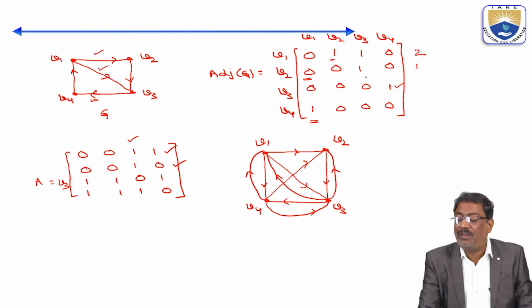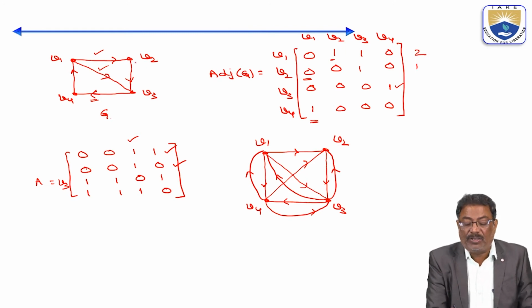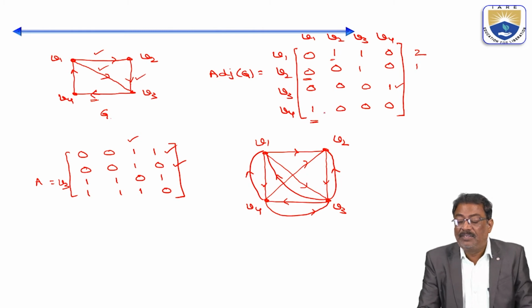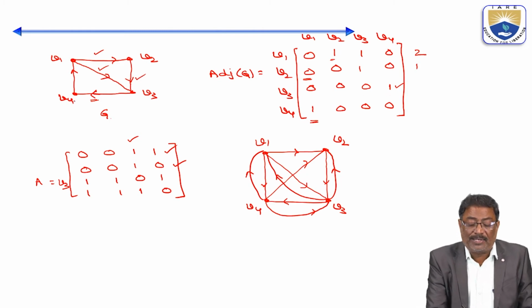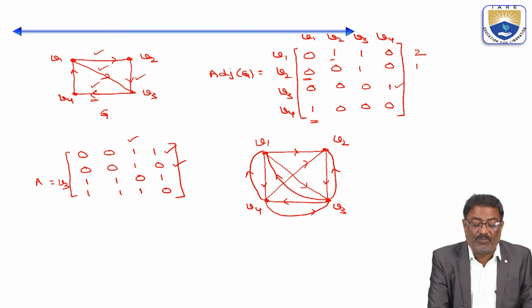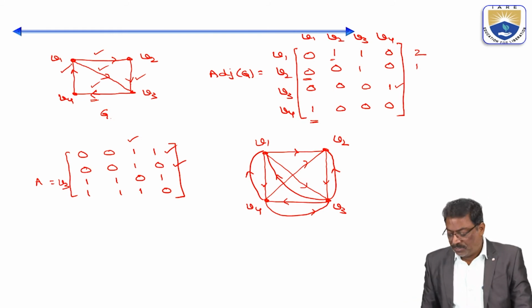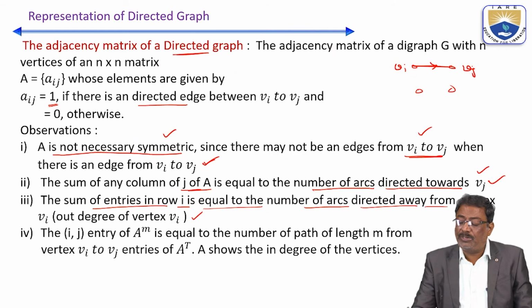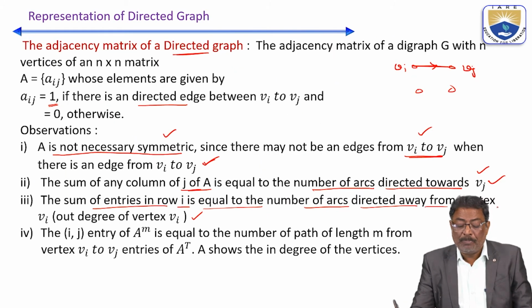From V2, only one directed edge is leaving. From V3, one directed edge is leaving. From V4, one directed edge is leaving. So this is column wise and this is row wise.